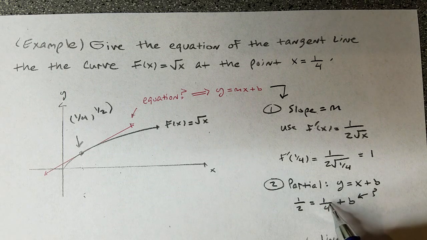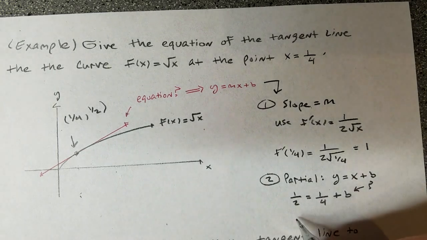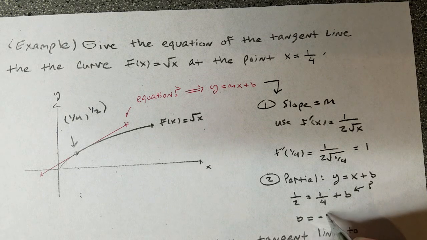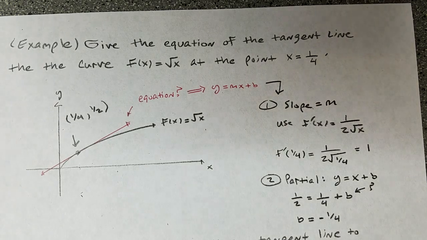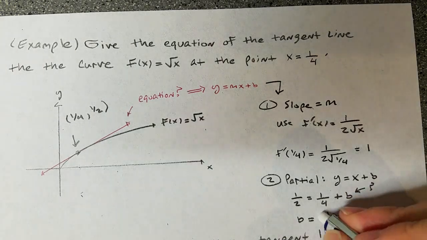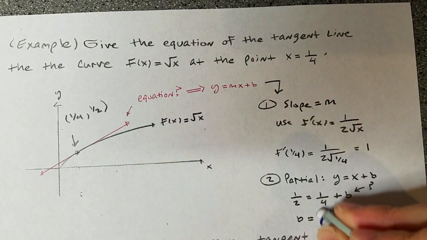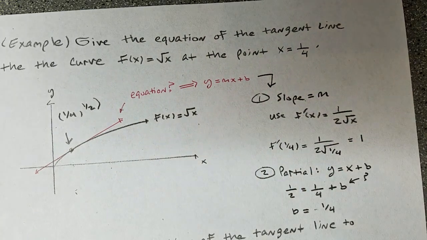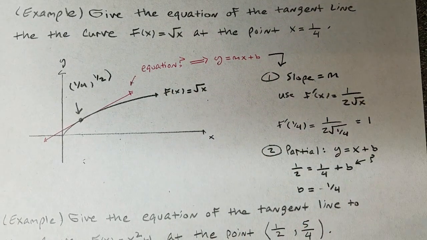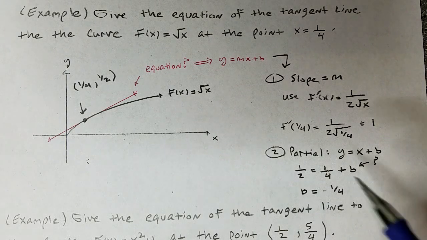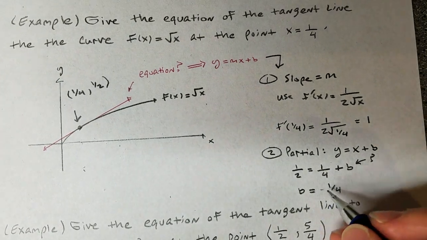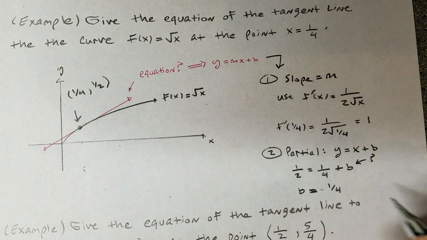If I try to solve for b, I'll move that 1/4 over, and I'll get b is equal to 1/2 minus 1/4. Okay, so 2/4 minus 1/4 is 1/4. So b is equal to positive 1/4.